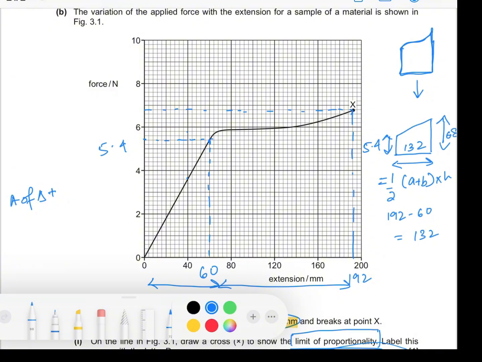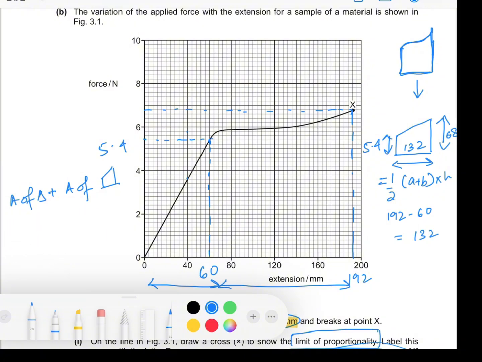So to find the work done, you will need to add the area of the triangle to the area of the trapezium. For the triangle, that's half multiplied by base and height, 60 multiplied by 5.4, or not 60, that's 60 millimeters.